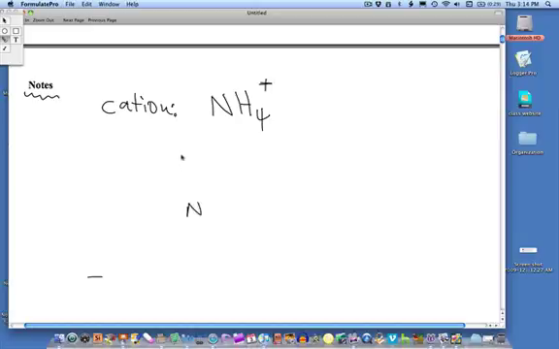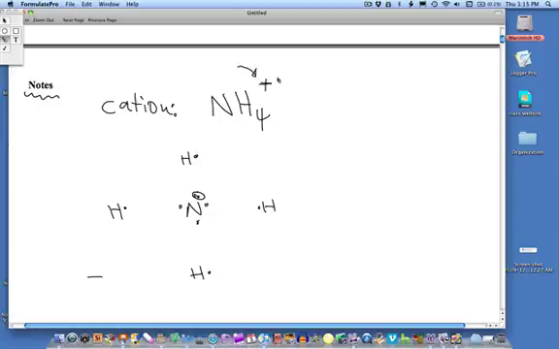You're going to put everybody around the central atom. And you put the valence electrons on the outside and the valence electrons on the inside. And before you begin, you have to take this into account.